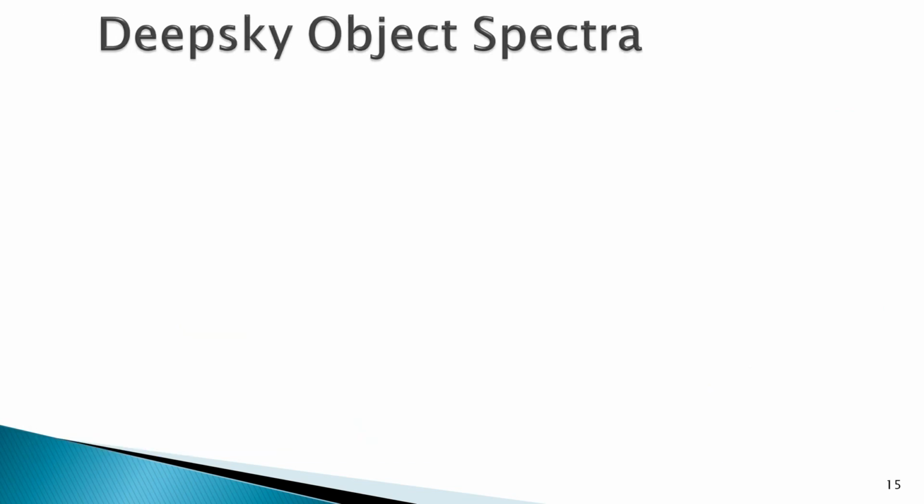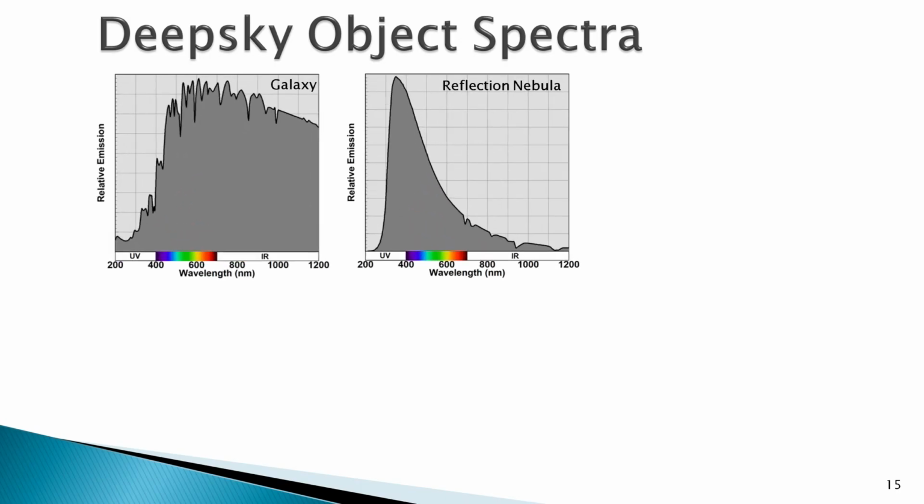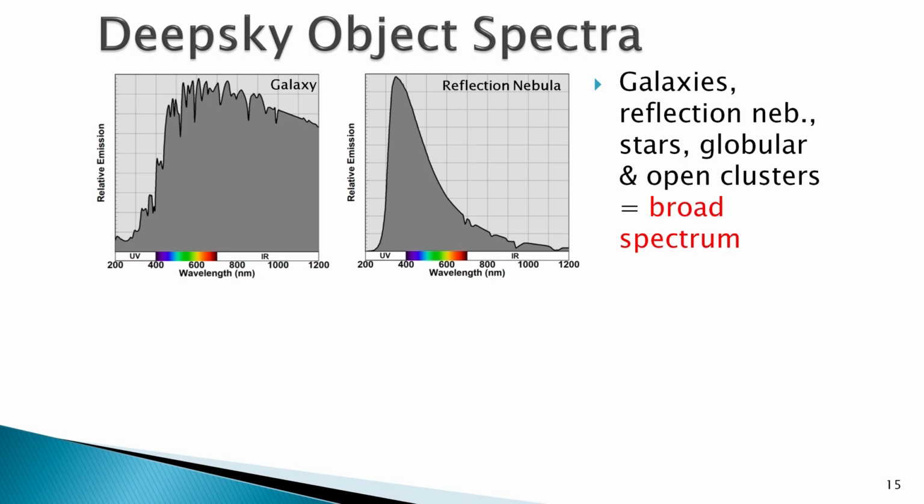Deep sky objects can be grouped into two categories based on the nature of the light they give off. The first category is broad spectrum objects. This includes galaxies, star clusters, and reflection nebulae. Basically anything that we can see because of light emitted from stars. The fact that these objects have broad spectrums makes them very difficult to pick out from light pollution using a filter.